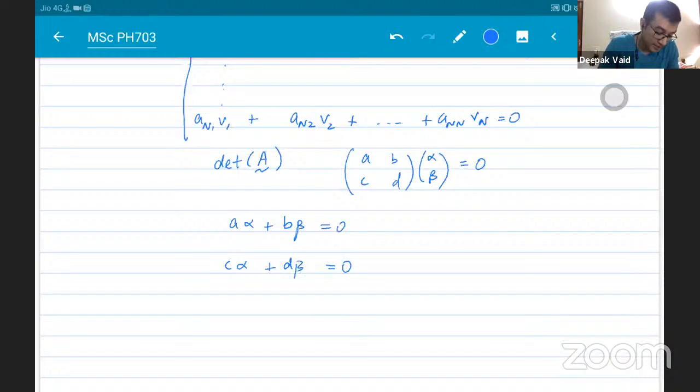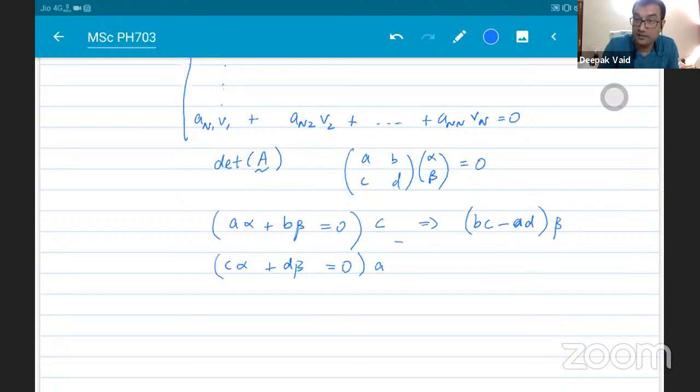Now you multiply this by C and multiply this by A, and then you subtract. What do you get? The first term will cancel out. The second term will be BC minus AD times beta, is equal to 0. This is what you will be left with.